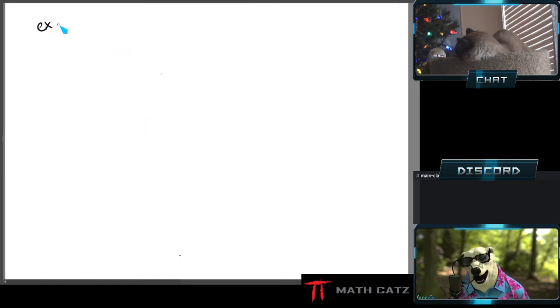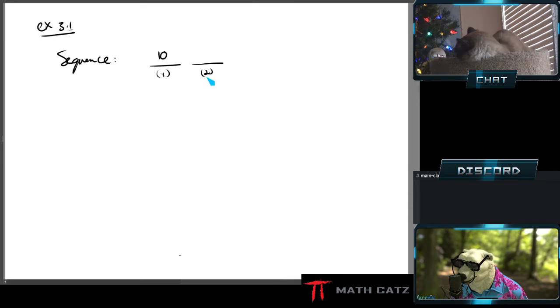So exercise 3.1, see what is the sequence that we get. Day 1, I have 10. Day 2, I'm going to double that to 20. Day 3, I'm going to double that to 40.